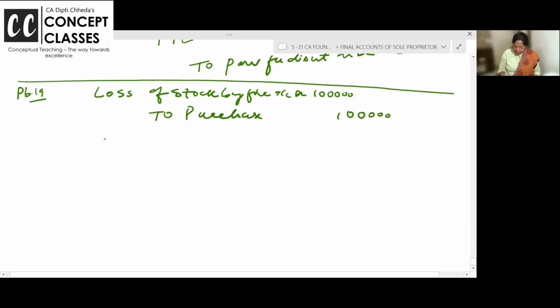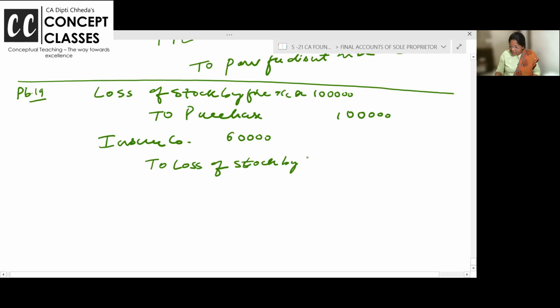Now against this 1 lakh, insurance company has agreed to give you 80,000. Oh, sorry, 60,000, 60%. Insurance company debit 60,000, to loss of stock by fire, 60,000.